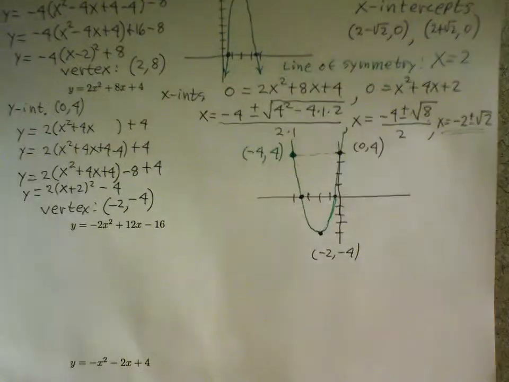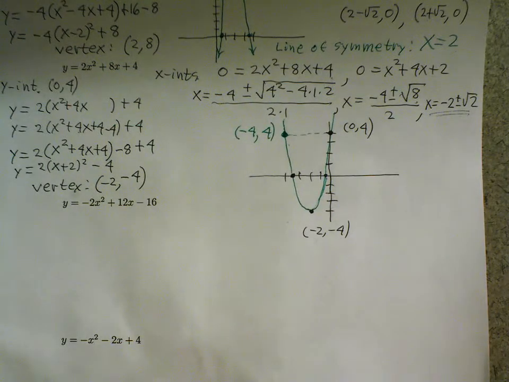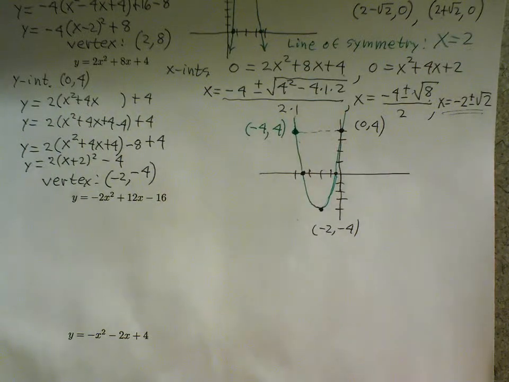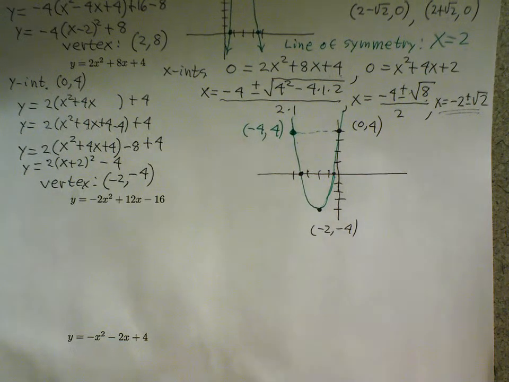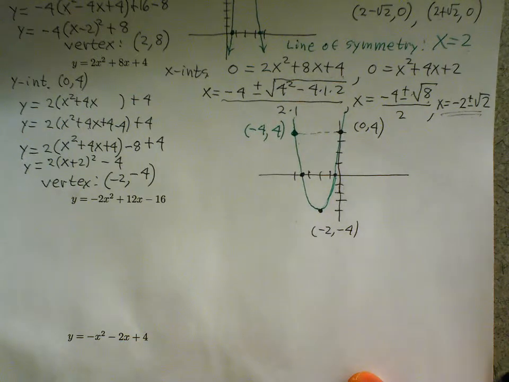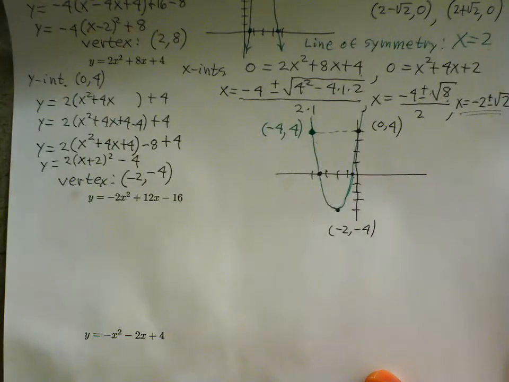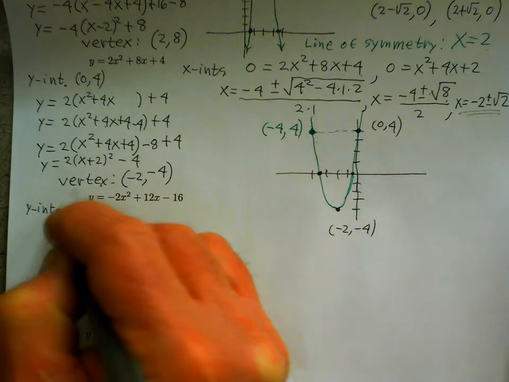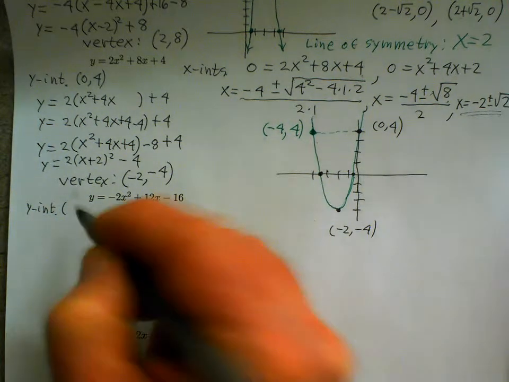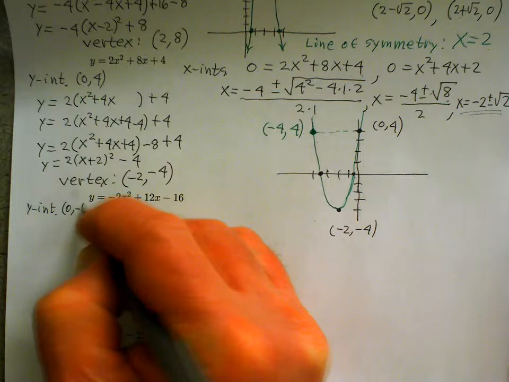Okay, let's work on the next one. y equals -2x squared plus 12x minus 16. Okay, the y-intercept, when x is 0, the y-coordinate is -16.